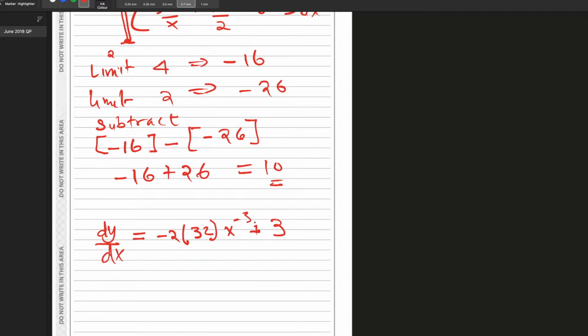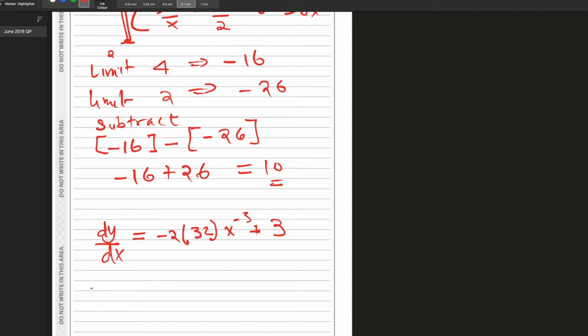So that's what we get. Now we have to look for the value of dy/dx when x equals 4.